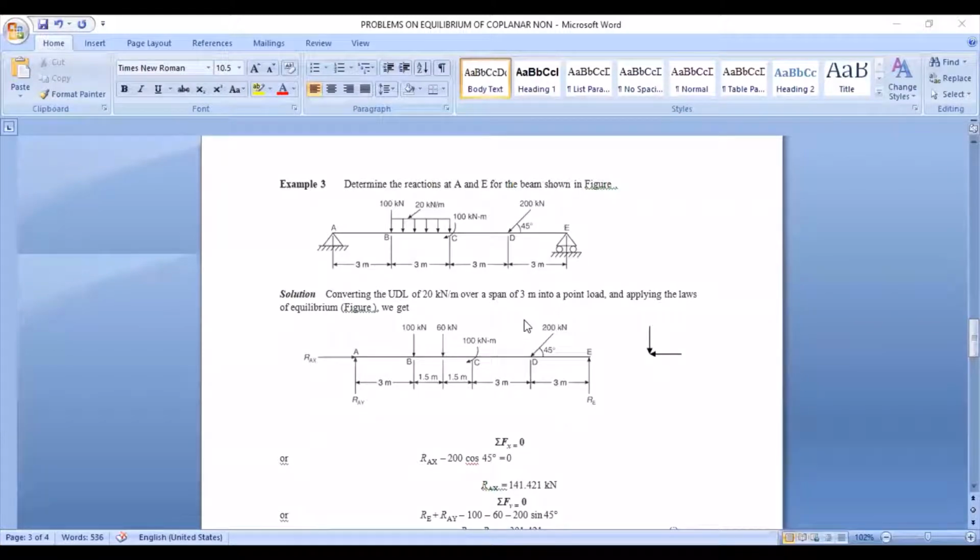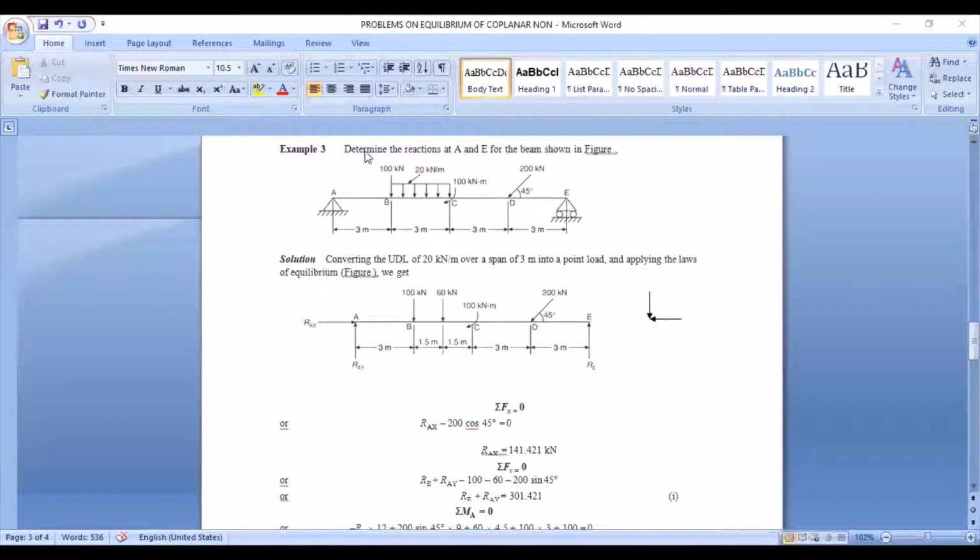So, in this problem, as you can see, we are supposed to determine the reactions at point A and E for this beam, which is subjected to different types of loadings. First, let us have a close look at what types of supports this beam has.